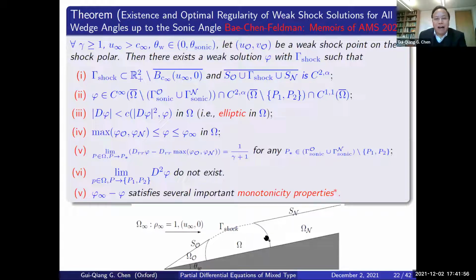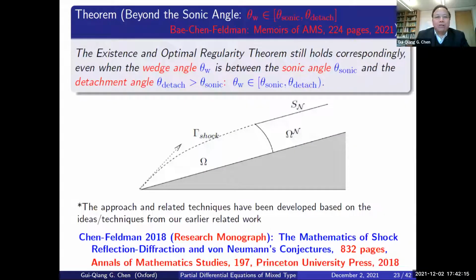Through the transonic shock, we can prove C1,1, and C1,1 is really the optimal regularity near the corner. Then we got various properties as well. Also we can now do the case beyond the sonic angle, the supersonic case. You get a solution of this form, and you get the optimal regularity as well.